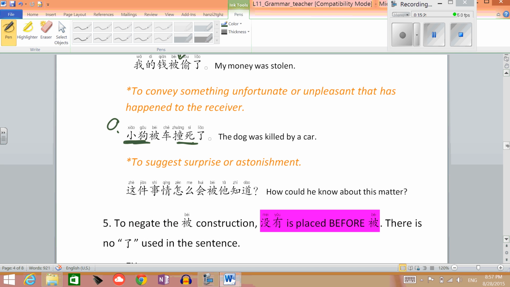Next one is to suggest surprise or astonishment. 这件事情怎么会被他知道. 这件事情 is the object, and 怎么会 is how come it would 被他知道. 知道 means know, right? So how could he know about this matter? We didn't tell anybody. How could he know? So here is just surprise.